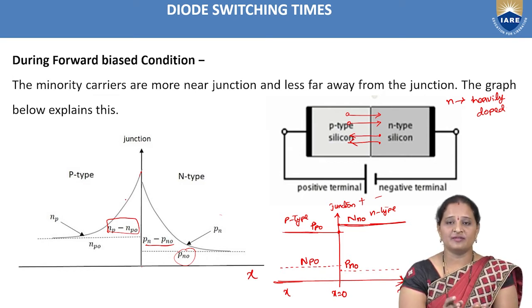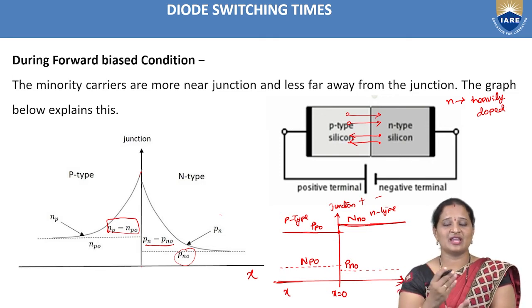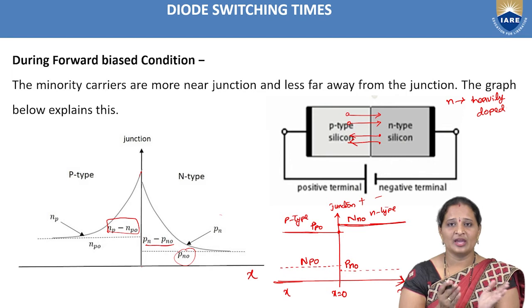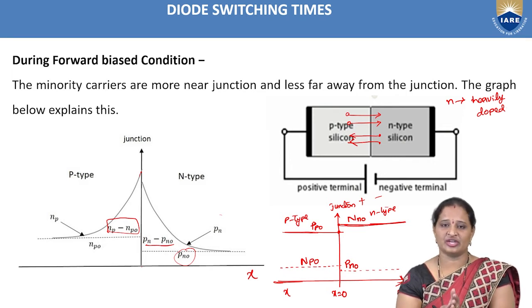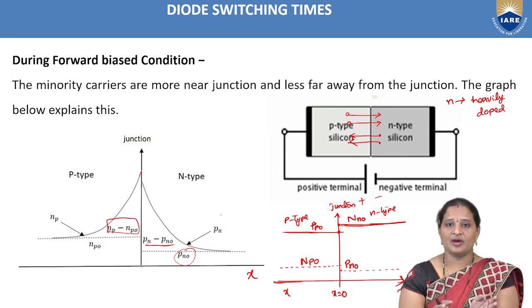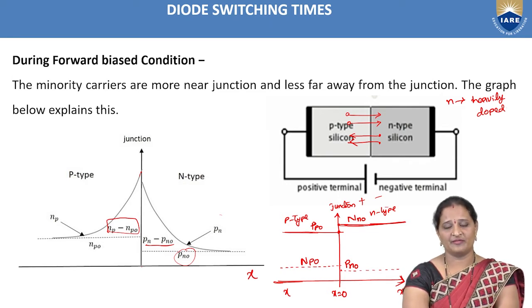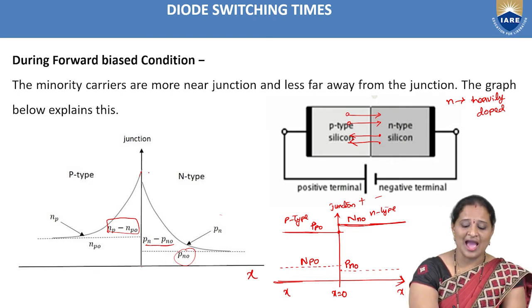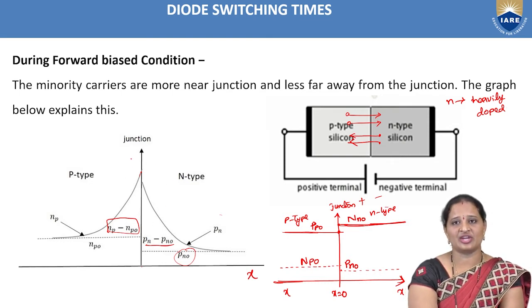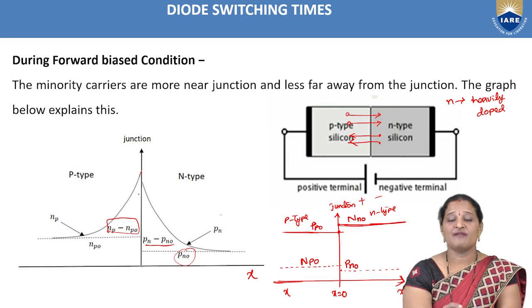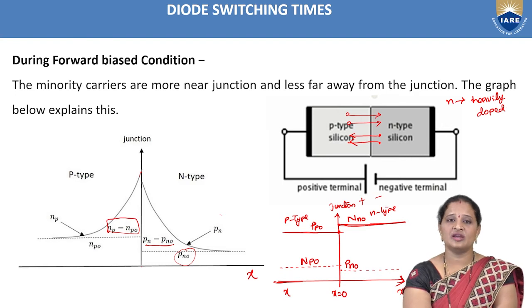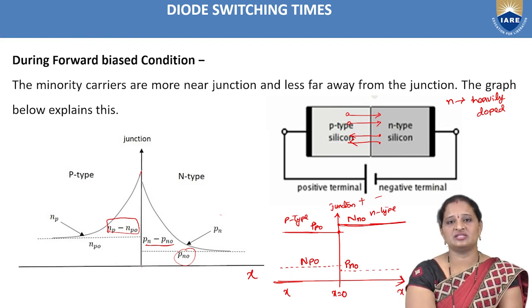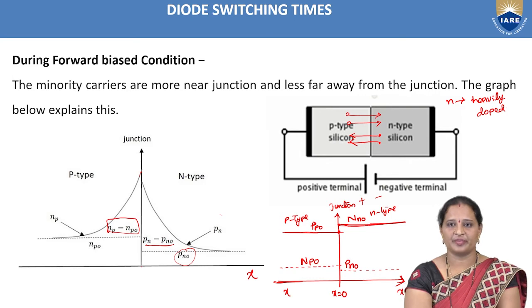And whenever I want to change the state from forward bias to reverse bias, as we have excess minority charge carrier concentration near the junction, we have to remove that excess carrier concentration in order to change its state from on to off.